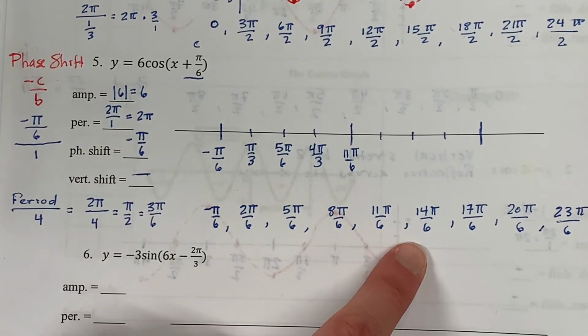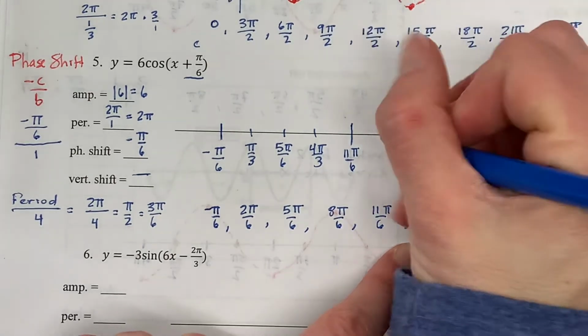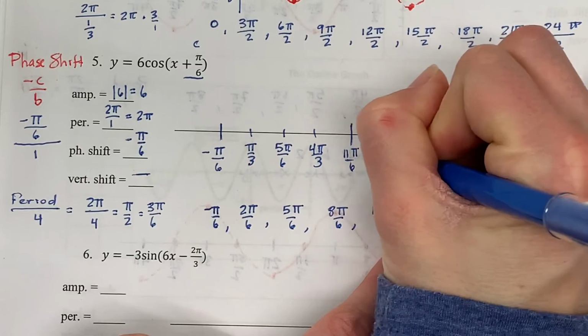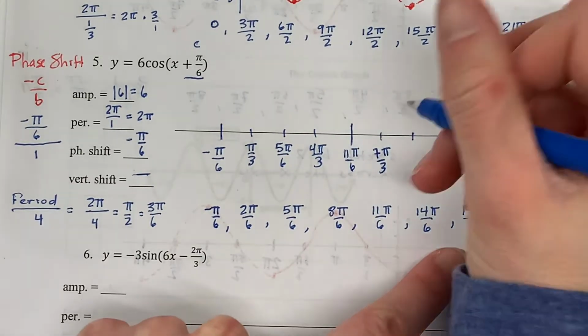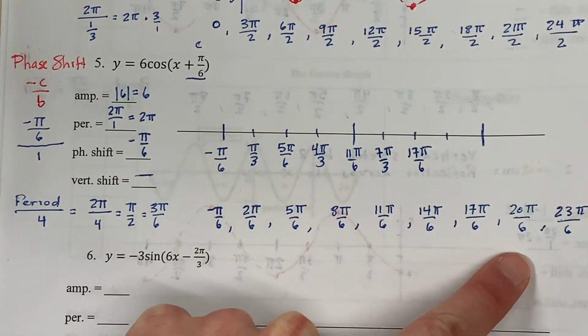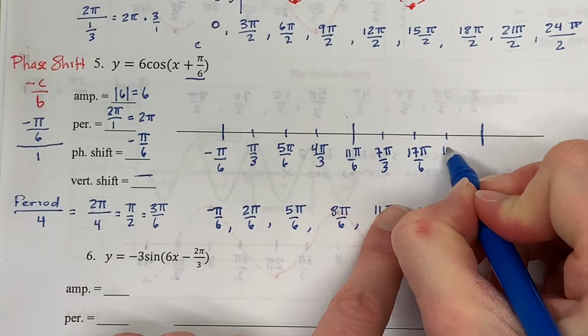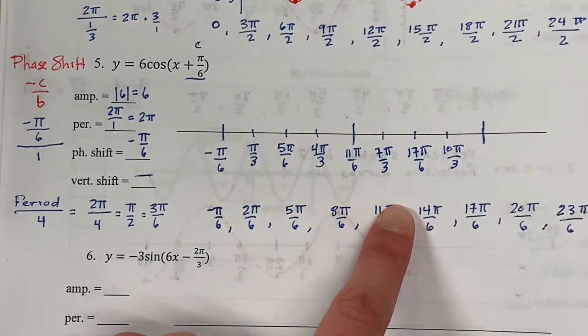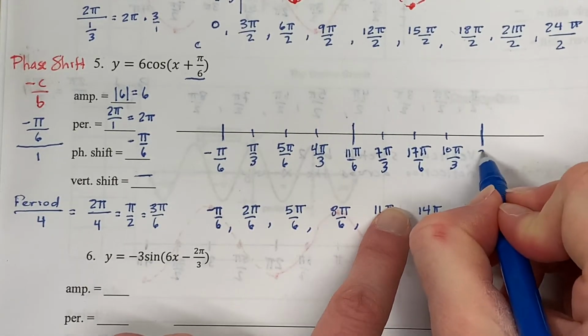Now, if I continue, 14 pi over 6 reduces to 7 pi over 3. Then I have 17 pi over 6. 20 pi over 6 reduces to 10 pi over 3. And I have 23 pi over 6.